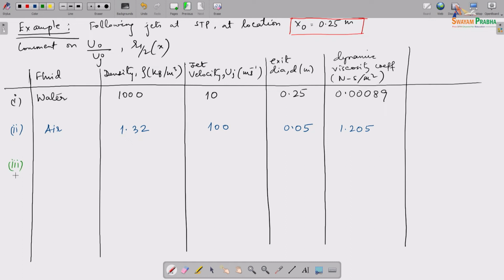Now castor oil. Density is 956, Uj is 2, D is 0.5, and this is 0.65.